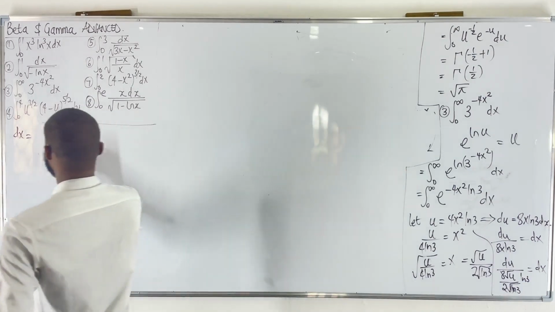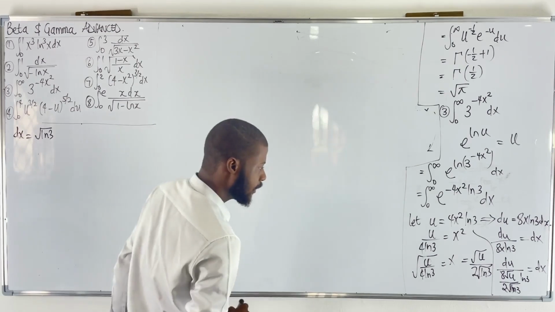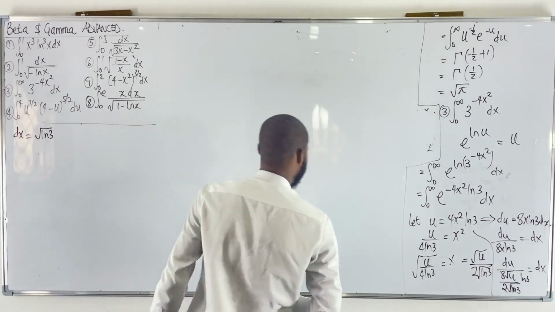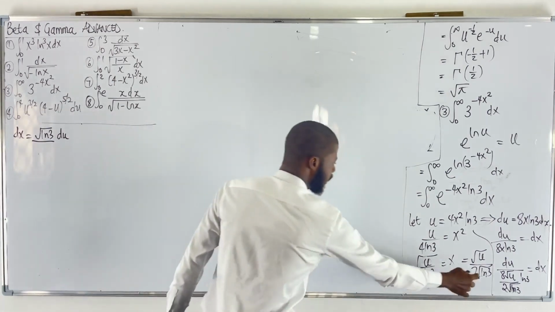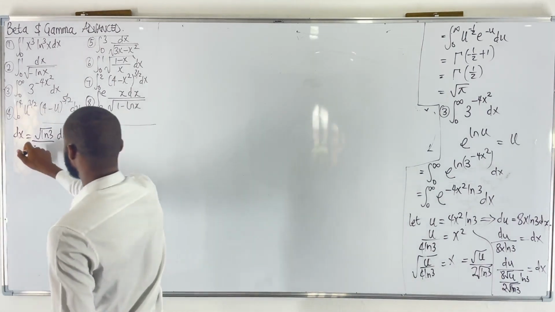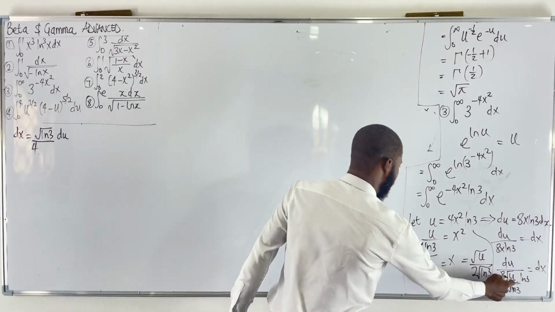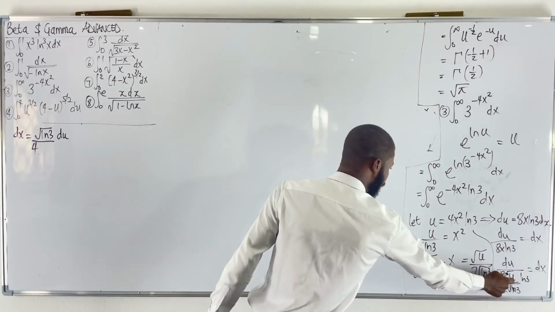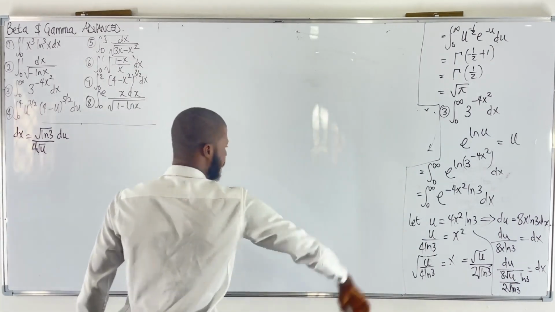So we're going to have root of length 3 at the top. And du would also be there, divided by 8 over 2, that's 4. And then I have my root u, and then length 3.